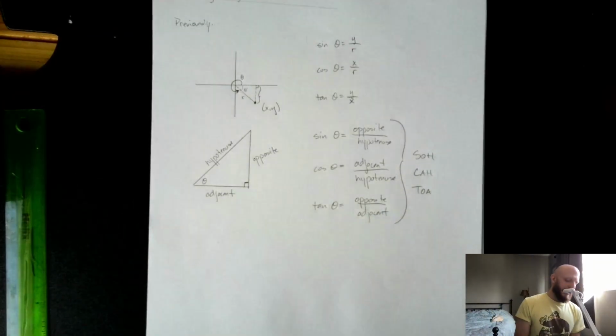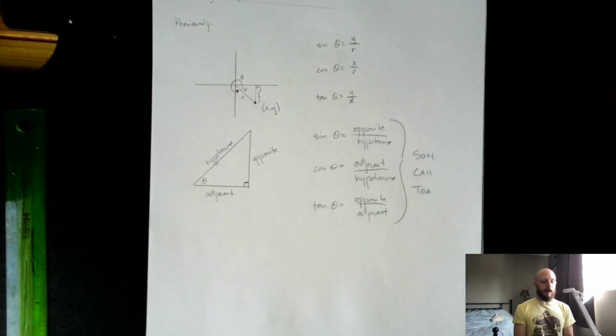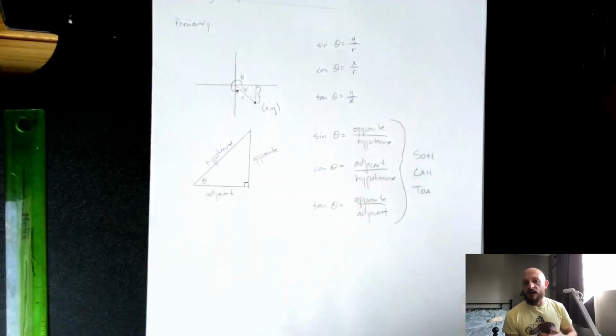So from this, what we want to do is lay out some of the ratios for triangles that come up very, very commonly. In particular, right triangles that have either a 30-degree angle, a 45-degree angle, or a 60-degree angle.